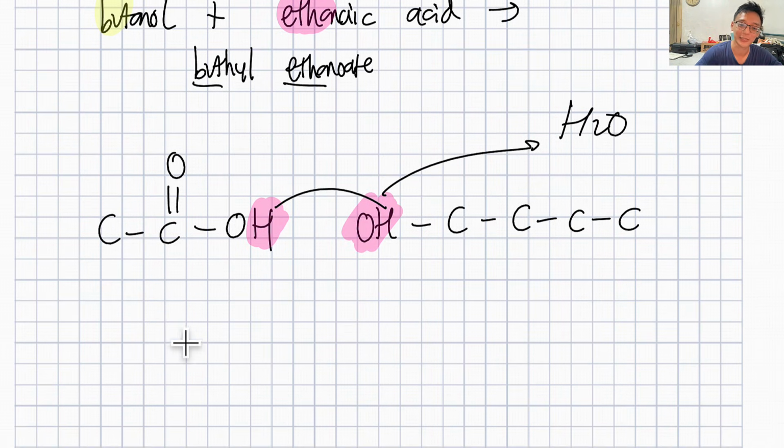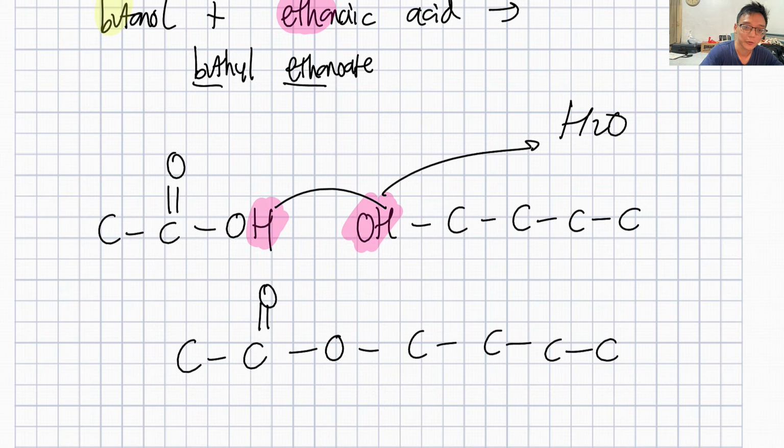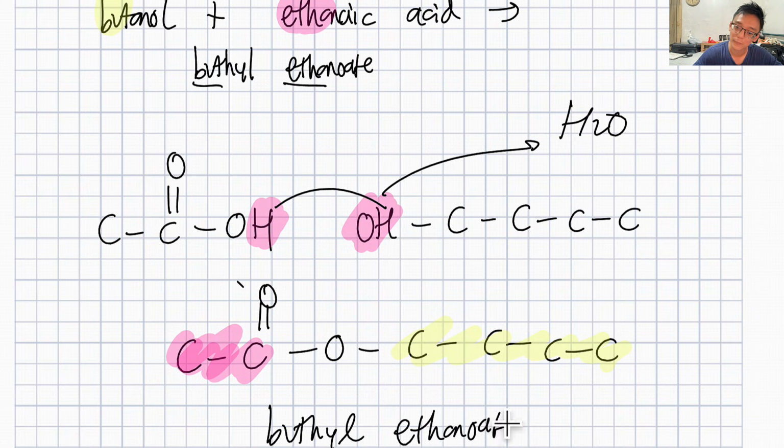And now let's fuse this thing, and then there are 4 carbons. So this part here, we call it alkyl, and this part here we call it alkanoate. So here we have butyl because it contains 4 carbons, and ethanoate because it contains 2 carbon here.